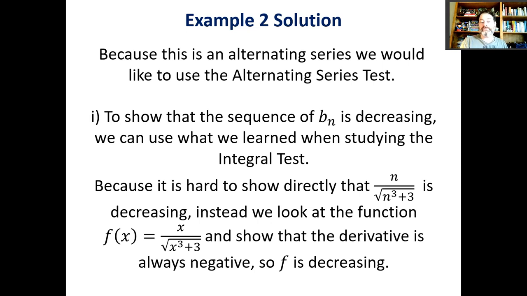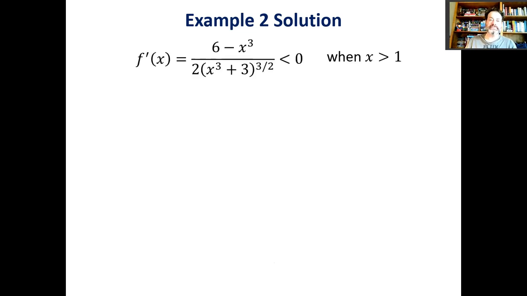Instead, what we do is look at the function and show the derivative is always negative. That will make f decreasing. And if the function with x's decreases, then the function with n's in it also decreases. That's what we did in section 11.3 when we studied the integral test. I took the derivative of f of x, and you can see that if x is greater than 1, this is a negative number.